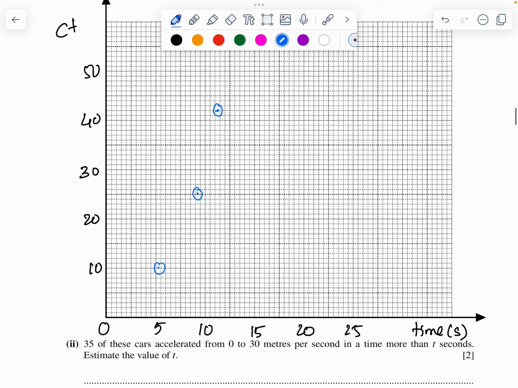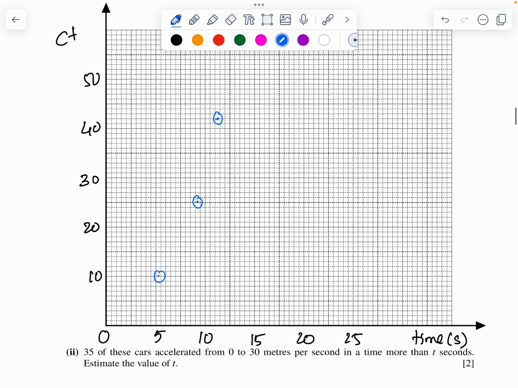Then for 16.5 it is 46. And finally for 25.5 it is going to be 48.